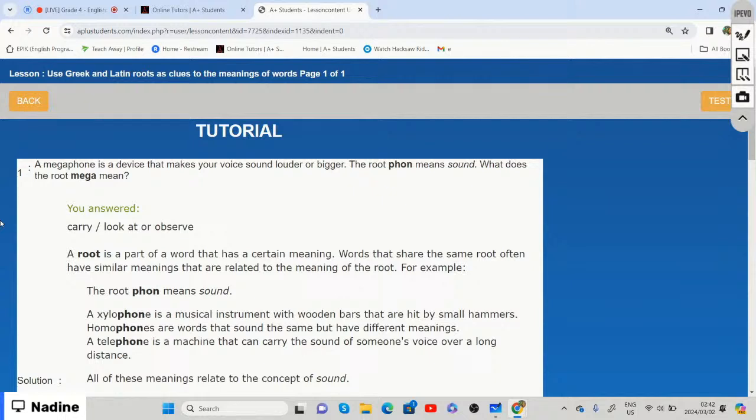Look at the word mega. We need to say what the word mega means. The way I see it, mega means something big, or it means something huge. But what does the word mega mean?